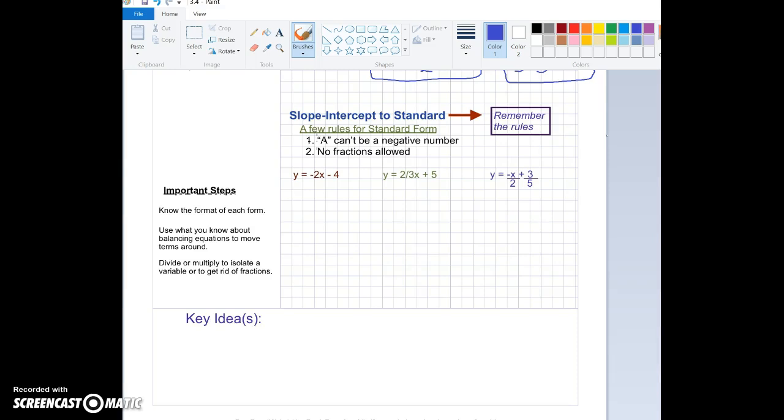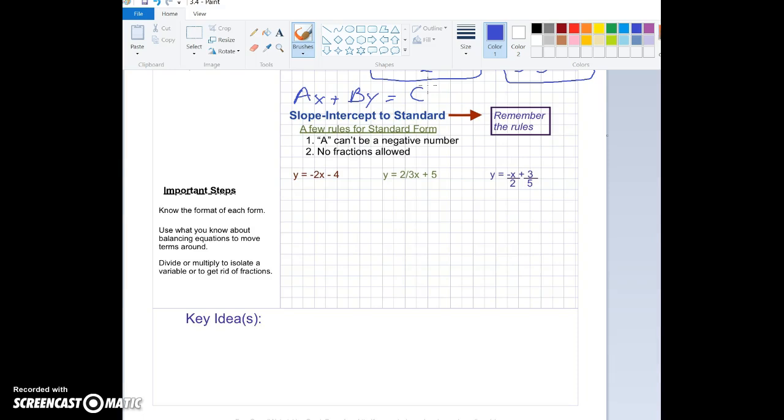So let's remember our standard form, which is ax plus by equals c. Now notice that ax plus by equals c has the x's and the y's on the same side and the constant on the other side. All right? And also notice that the x and the y can have coefficients. They can have a constant in front of them, but they can't be a fraction.